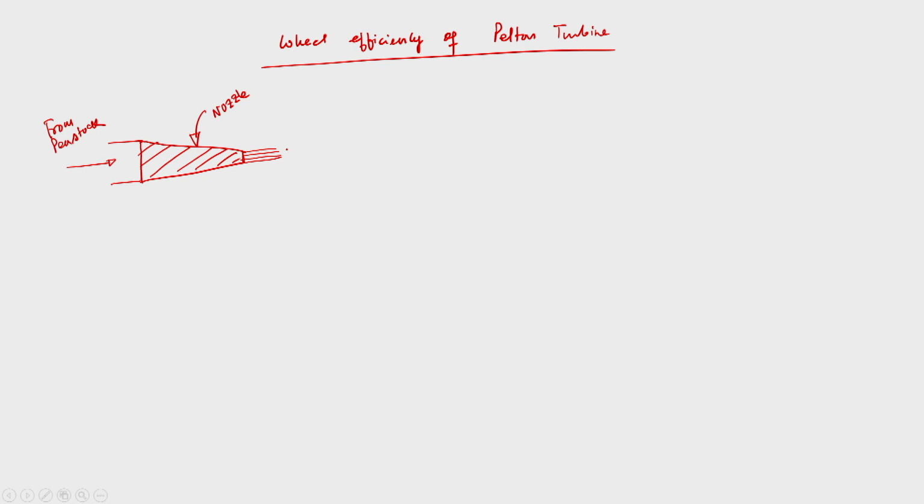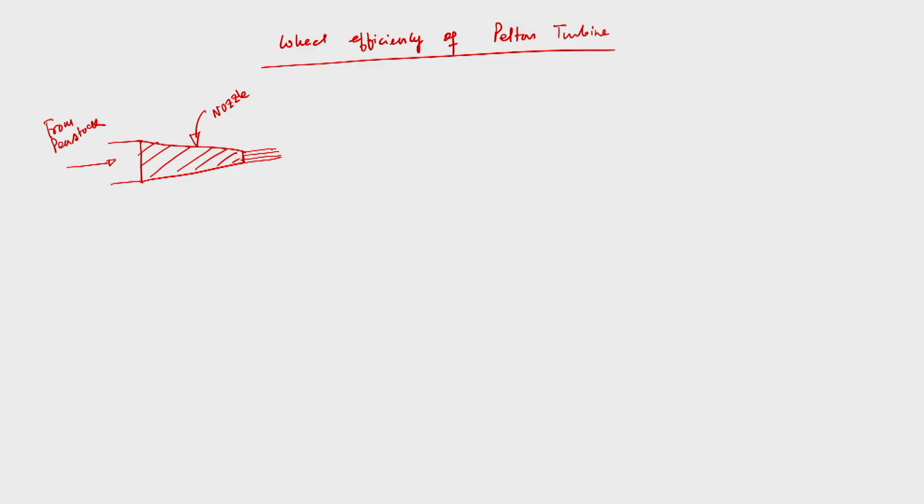Whenever the jet strikes the bucket, as I said, there is a splitter ridge which divides the incoming jet equally into two parts, and then the jet follows the round inner surface of the bucket and comes out from the bucket.